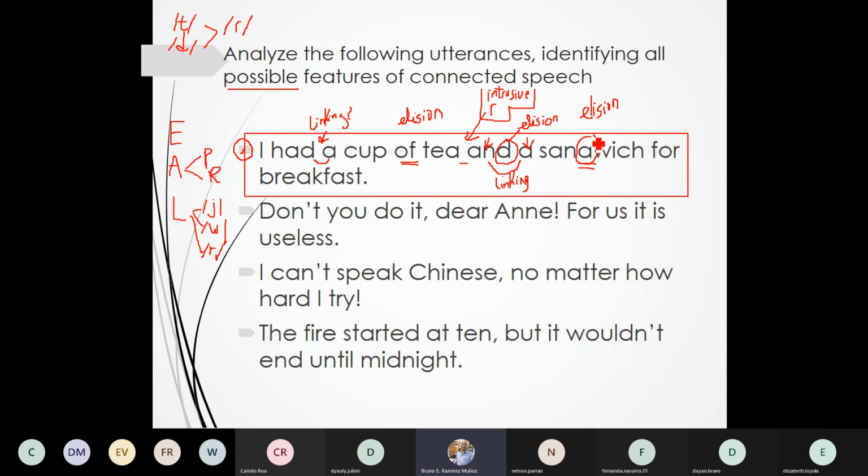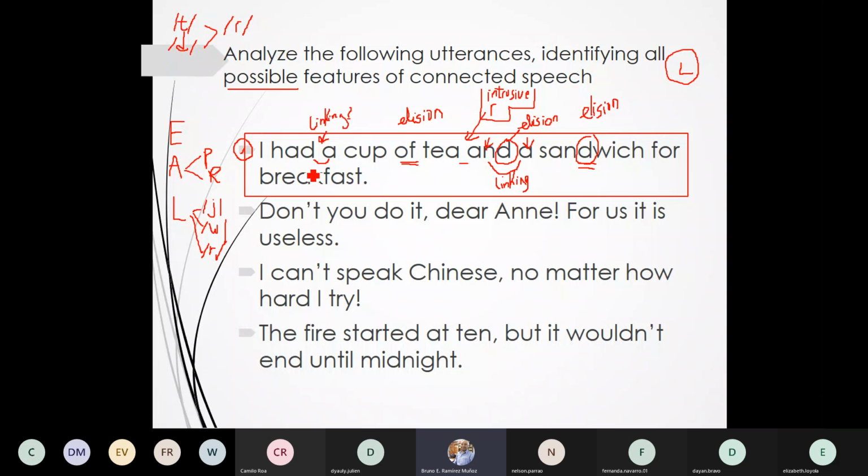More, please. Do you have more? A piece of advice: linking is one of the most common phonological processes. Always take a look at the final sound in a word.